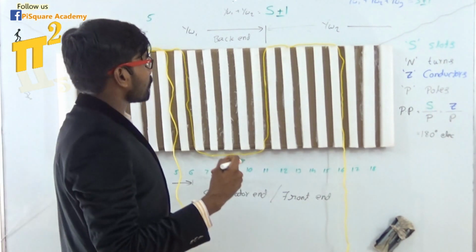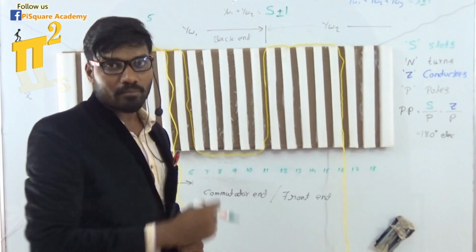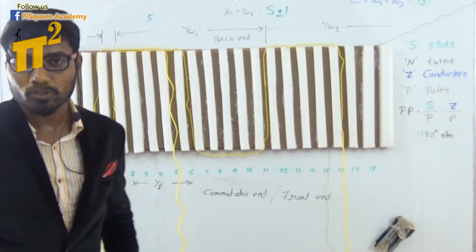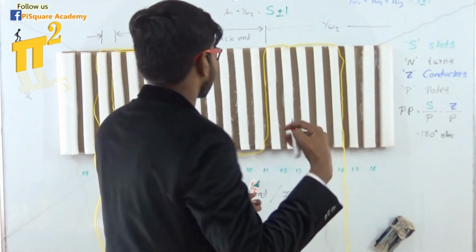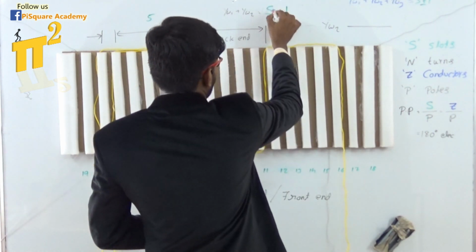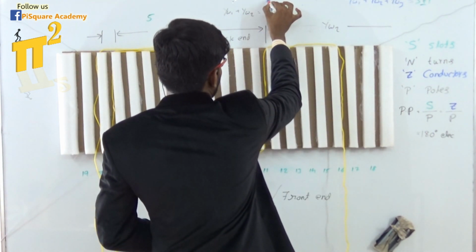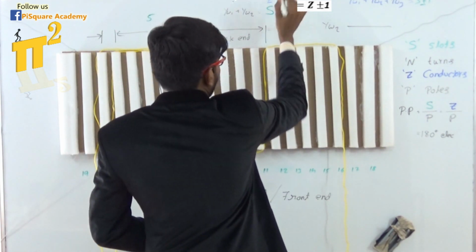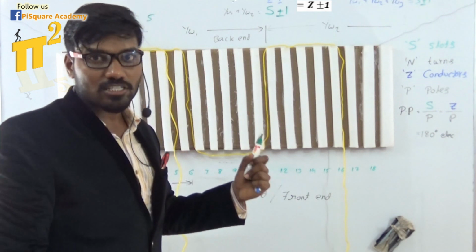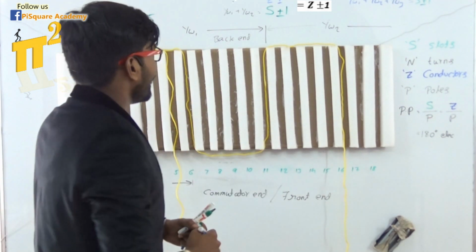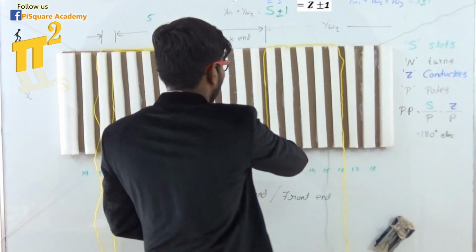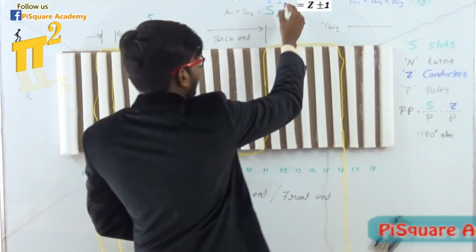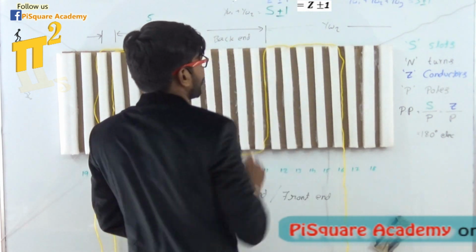Next, what if I want to represent the same in terms of the number of conductors? Because some people also represent it in terms of conductors. So for the total number of conductors, in place of S, I am writing Z, plus or minus. Plus is for progressive, minus is for retrogressive winding. And in place of 1, if each slot is carrying 1 conductor, then it is simply 1.